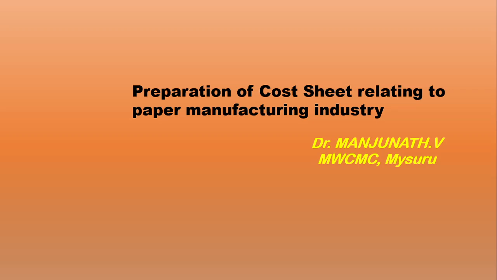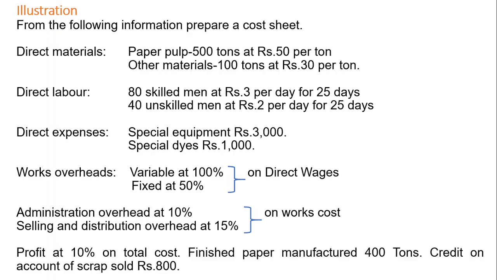One example of adoption of cost accounting system is paper manufacturing industry. In this video, we will concentrate on preparation of cost sheet with respect to various items and expenditures that may incur in paper manufacturing industry.